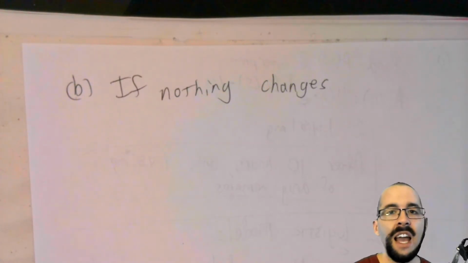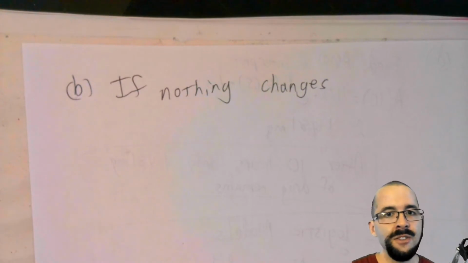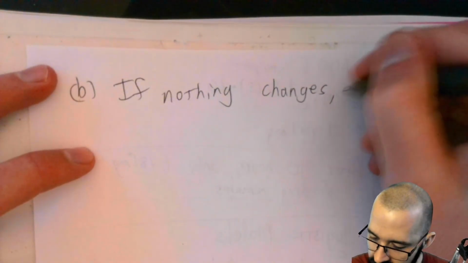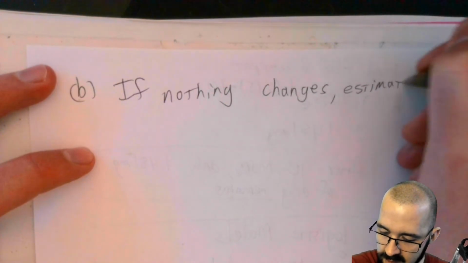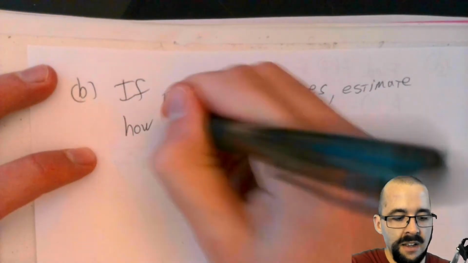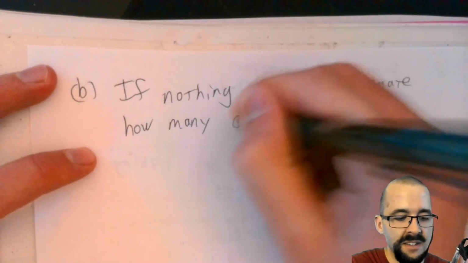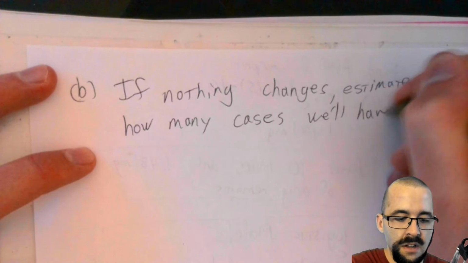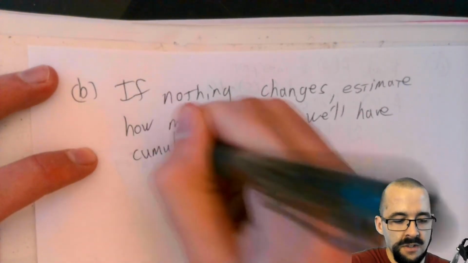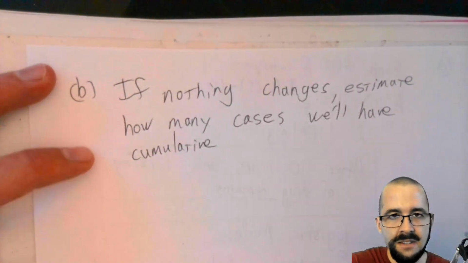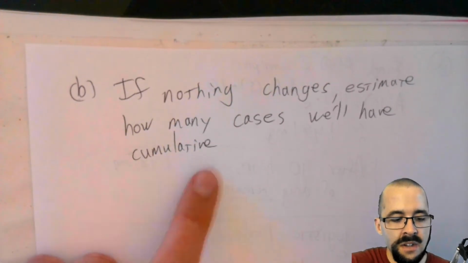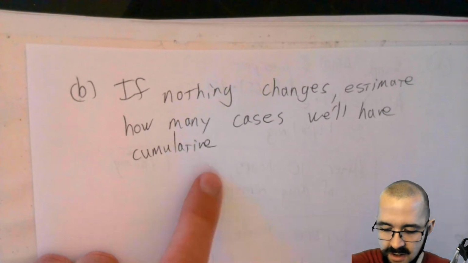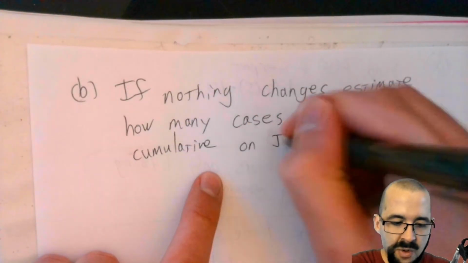So if nothing happens, like if this trend continues and we don't do anything, nothing changes, estimate how many documented, confirmed cases, however you want to phrase it, will have cumulatively. So again, not necessarily active cases and people who have already recovered. How many people will have gotten COVID on January 25th?